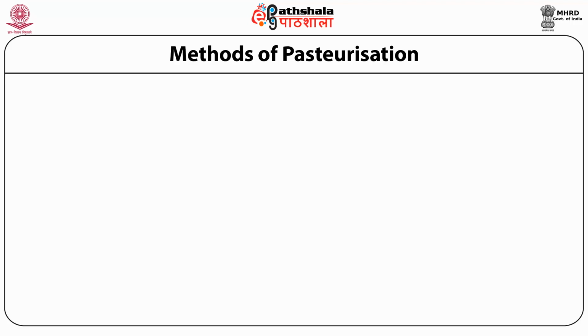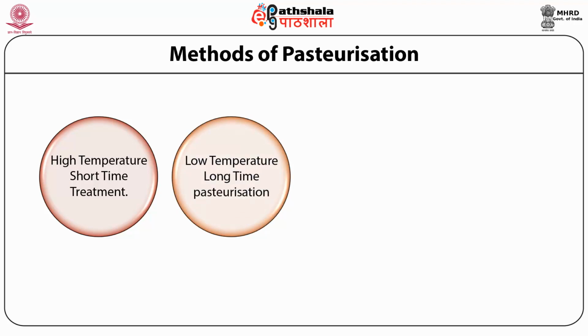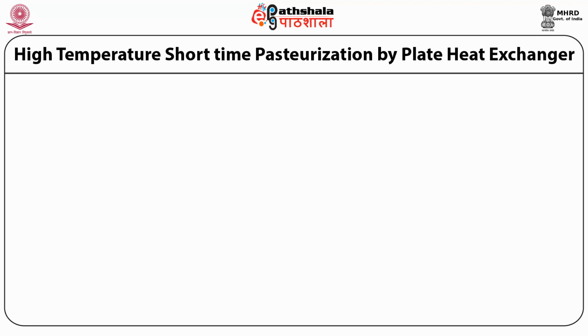Pasteurization can be broadly classified into 4 methods: high temperature, short time treatment, generally referred to as HTST; low temperature, long time pasteurization, referred to as LTLT; sterilization; and ultra heat treatment. Now let us come to these methods one by one.